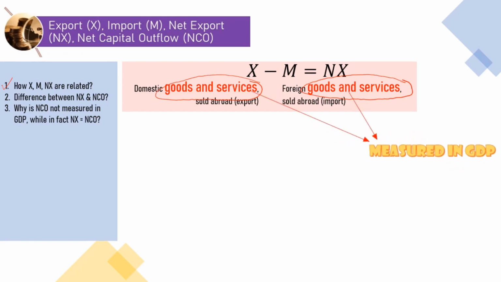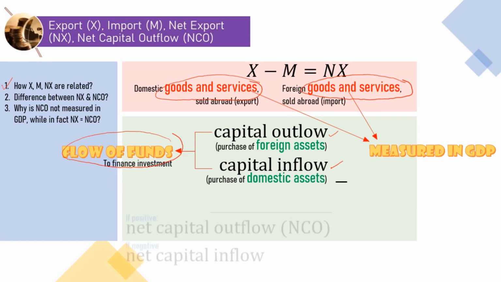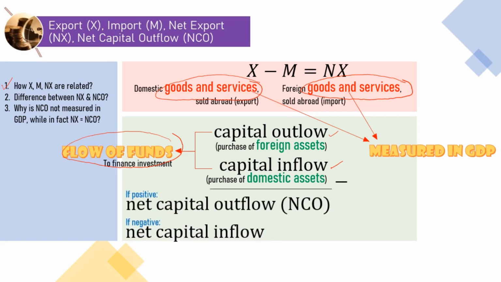How about capital flow? It is about flow of funds to finance investment, the I. Purchase of foreign assets are capital outflow, whereas purchase of domestic assets are capital inflow. The difference, if positive, is called net capital outflow, meaning that there is more capital outflow than inflow.